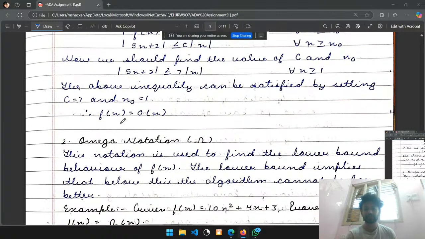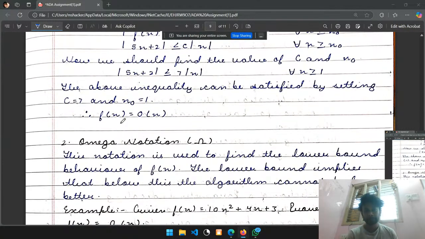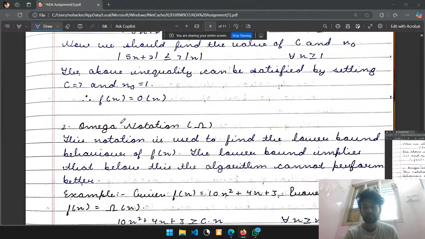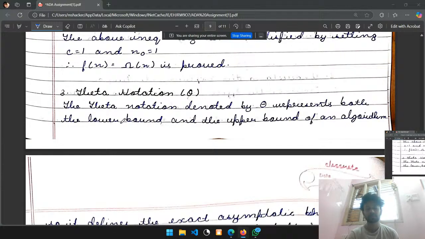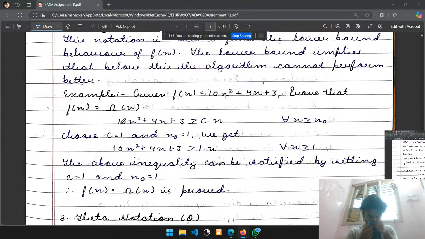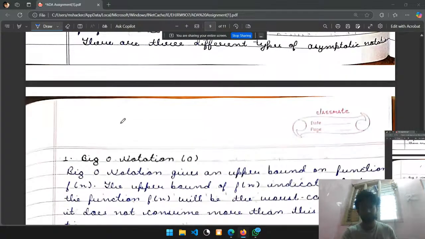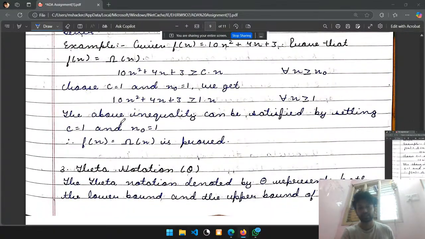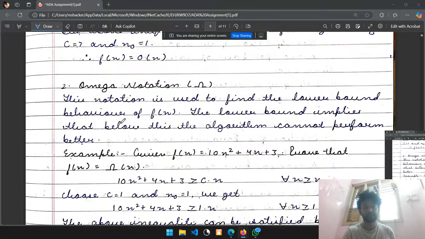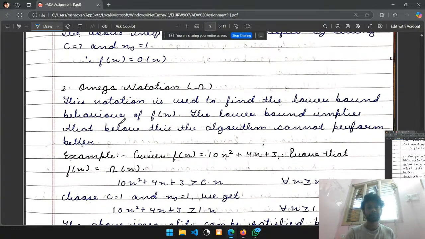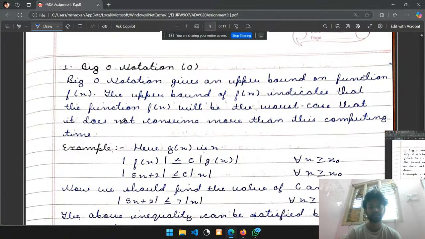Omega is the lower bound complexity. Theta is both the lower and upper bounds of an algorithm, and omega is the lower bound. Now let's look at examples.